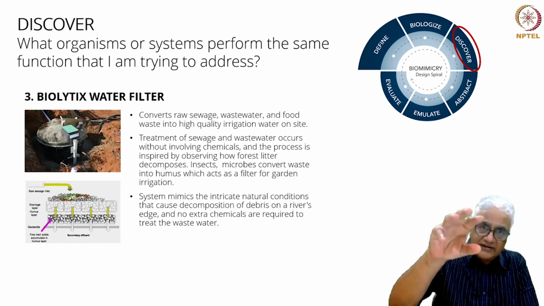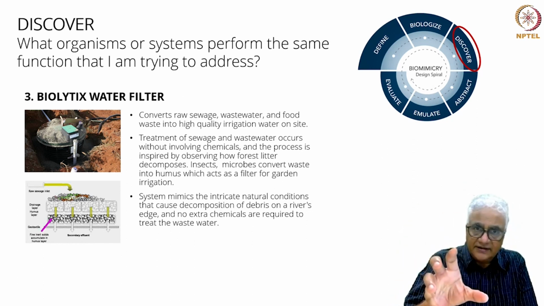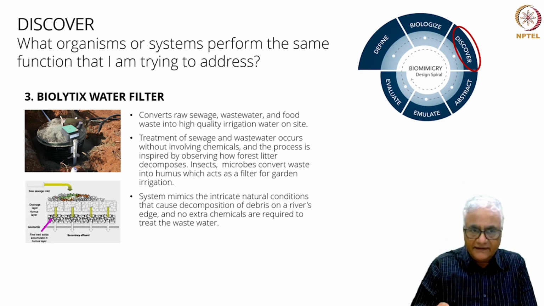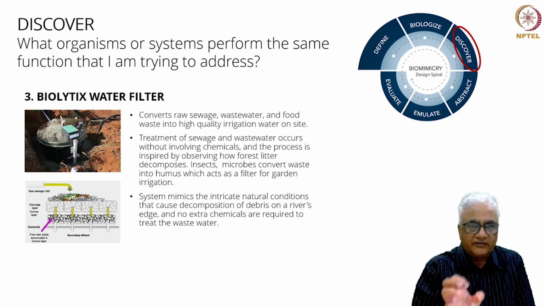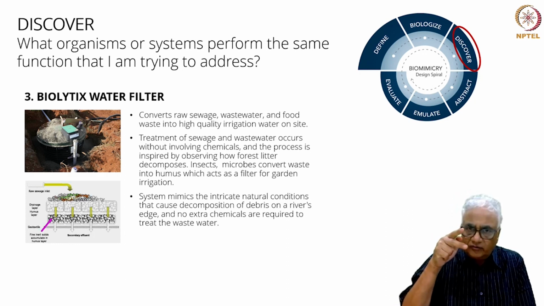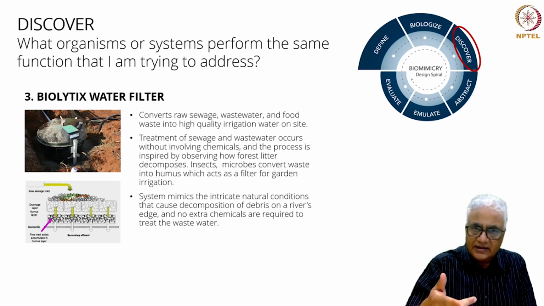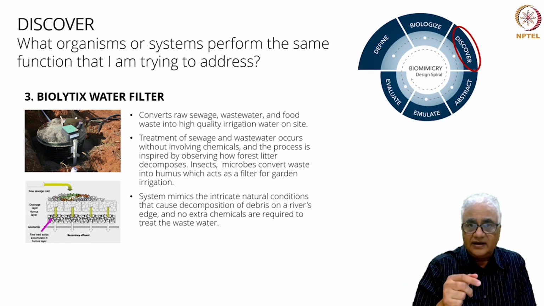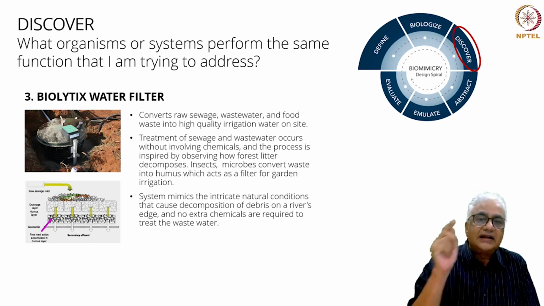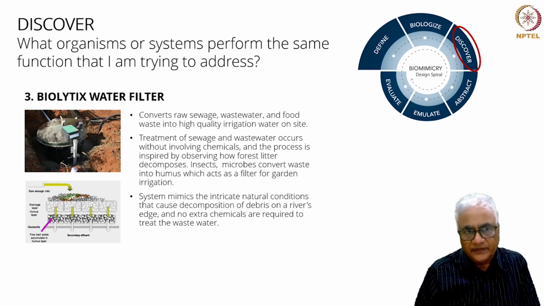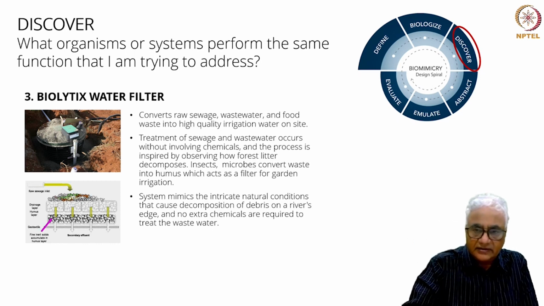So here she's talking about several organisms that filter waste, and she describes what is called a biolytics water filter. So how I interpret it is, what I learned from Sahana is that if I read about the water filter, I understand what nature does.